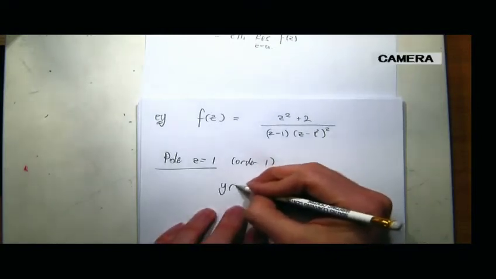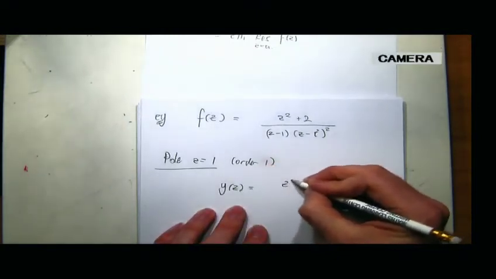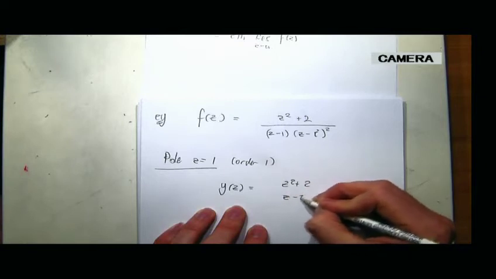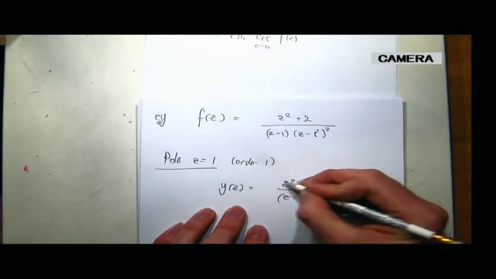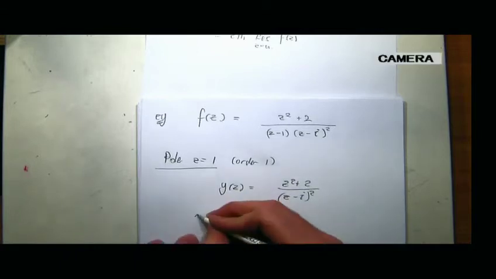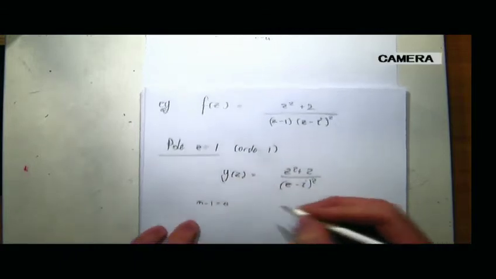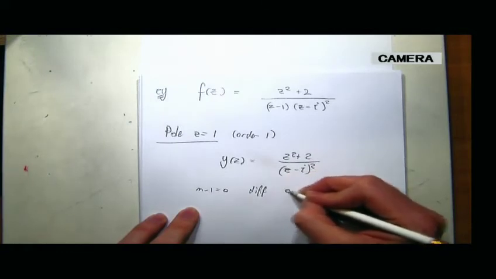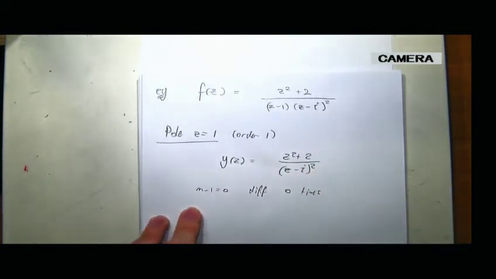I'm going to call that g. And then I differentiate it m minus 1 times. So I will differentiate it no times, because m minus 1 is 0. So differentiate 0 times. Okay? And then I will do the limit as z goes to 1.